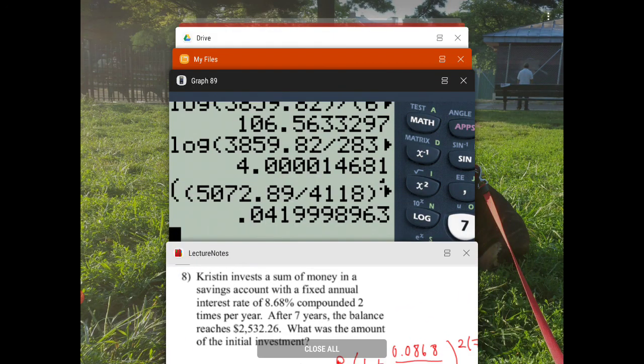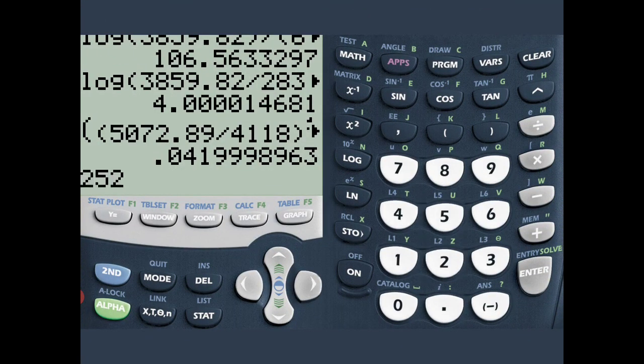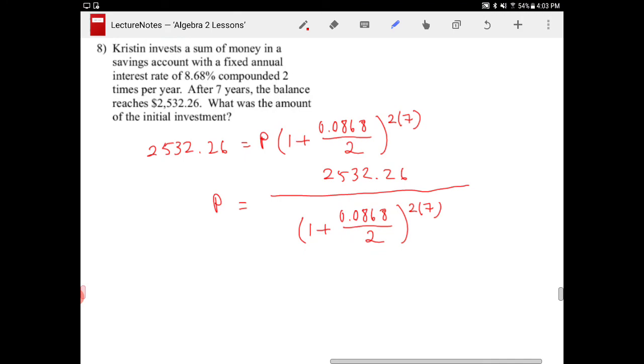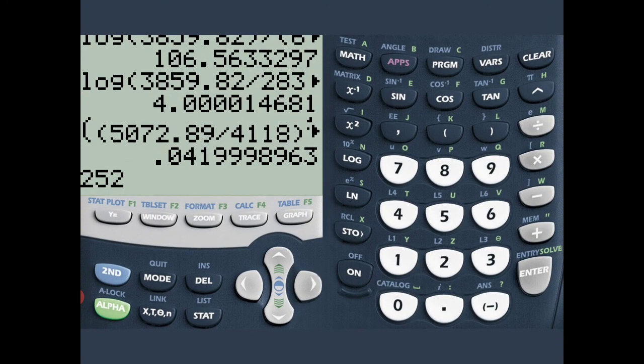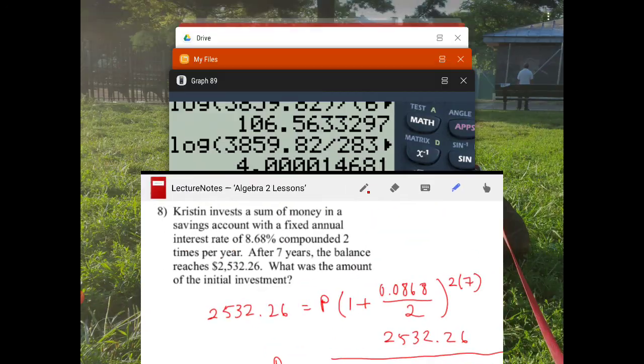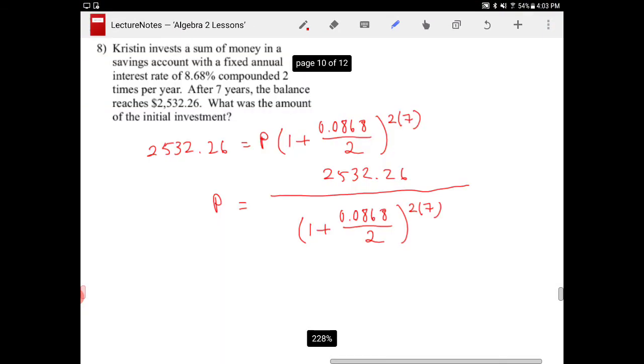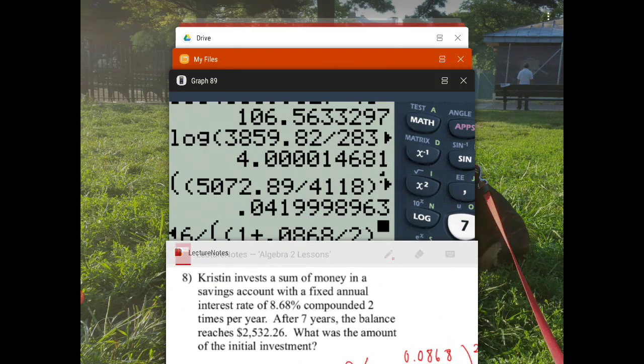2532.26 divided by open parentheses 1 plus 0.0868 divided by 2, close parentheses, to the power of 14.